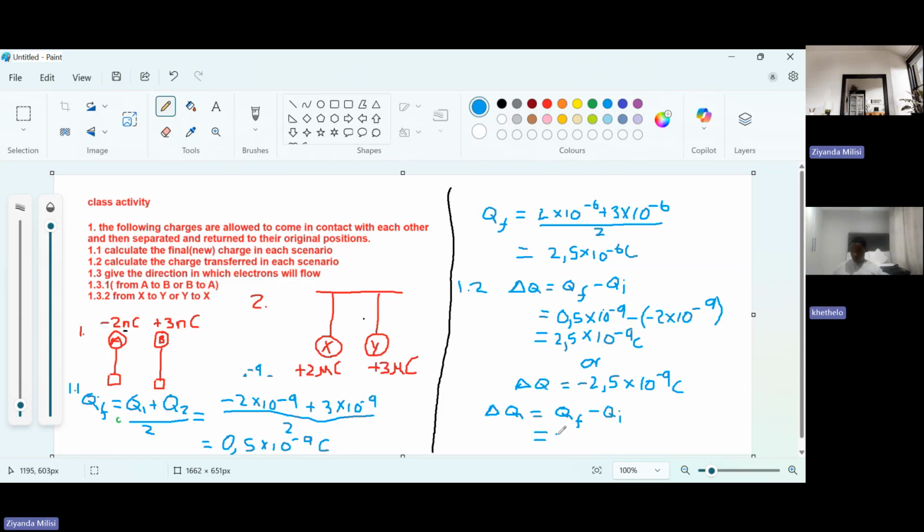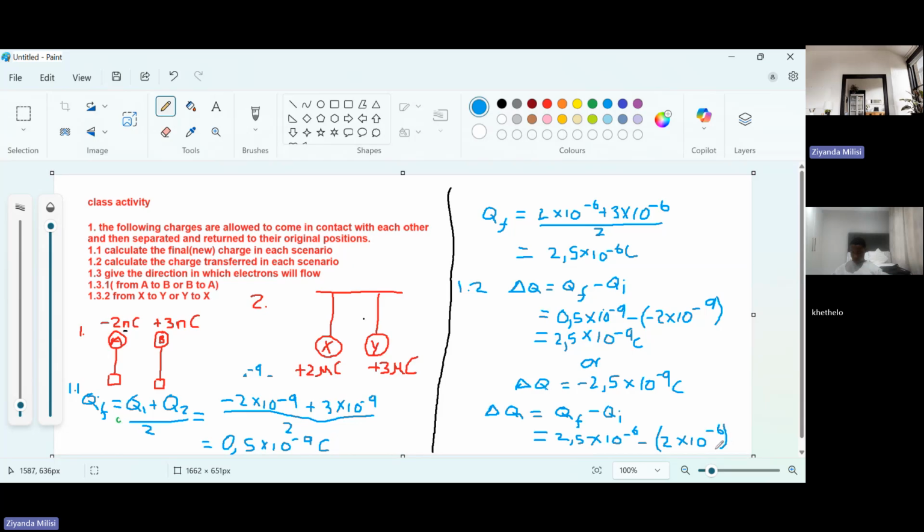It's 2.5 times 10 to the power of negative 6, minus our initial, which is 2 times 10 to the power negative 6.